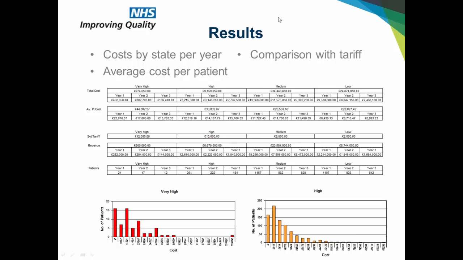If you had in your mind as a system a set of organisations, the sort of amount that you thought you would be expecting to spend for each type of patient, you could test out through this model how that might work in practice, and whether you'd have enough money in order to meet the needs of your patients. And again, you can see where the majority of those costs fall depending on the group of patients that you're looking at.